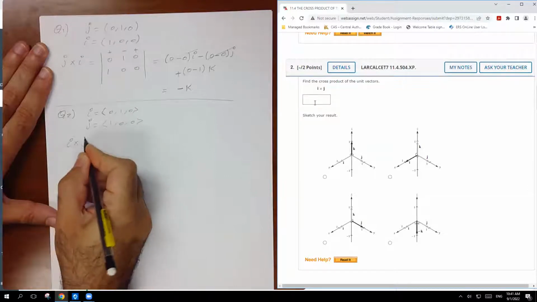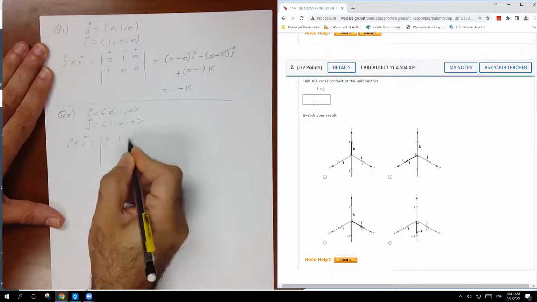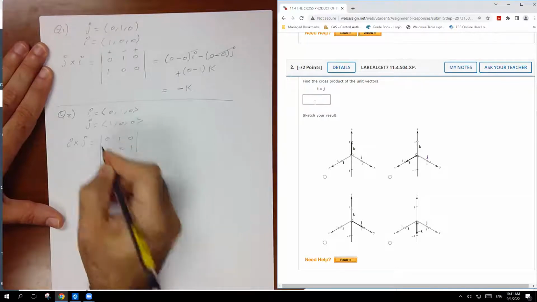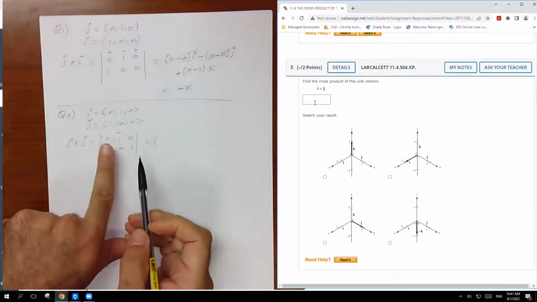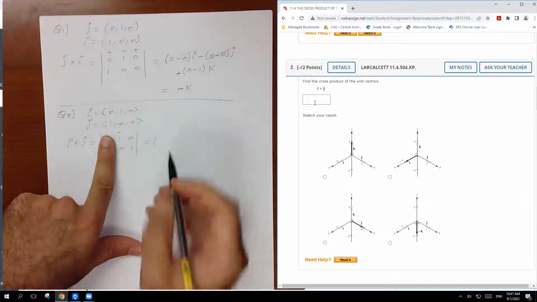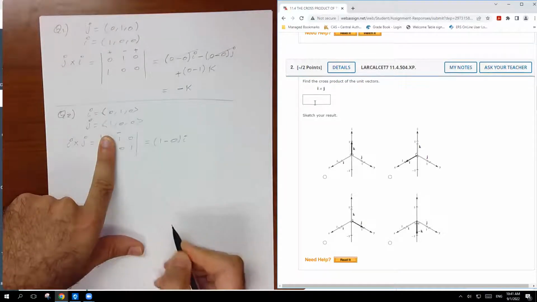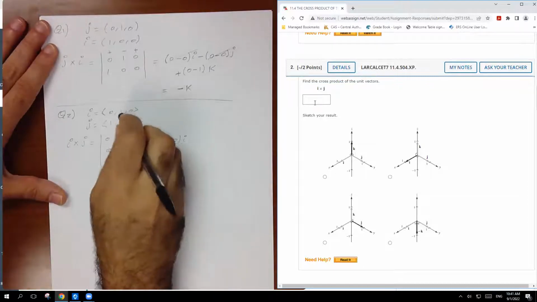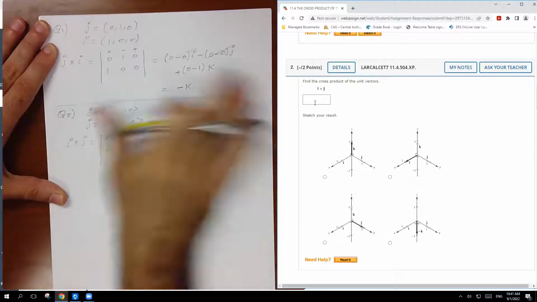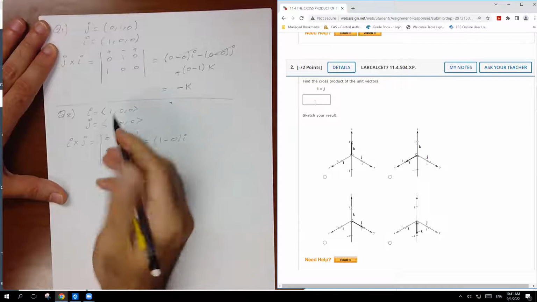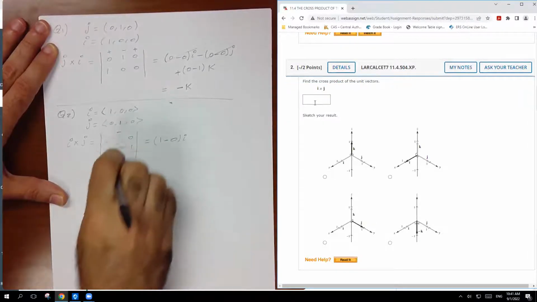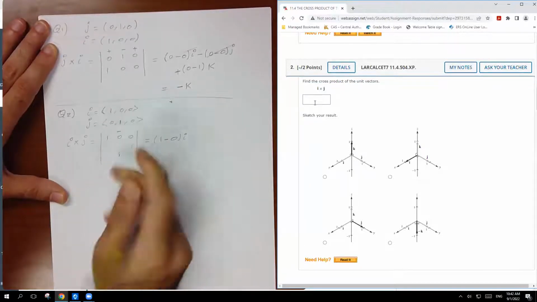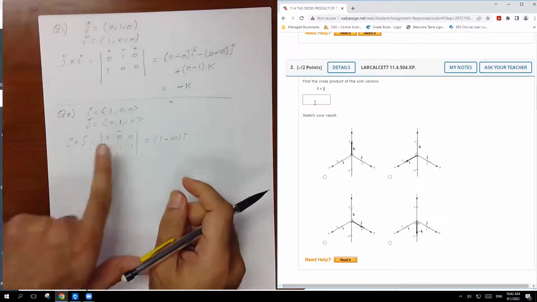So I cross product with J is going to be, here is the I, and here is the J. Always negative here, so the result is, for the I, 0 minus 0.